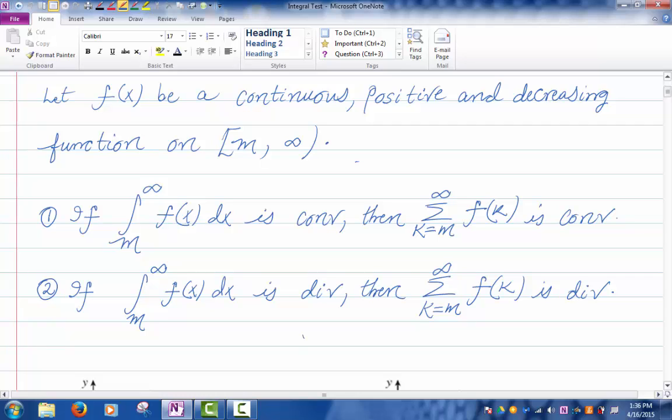Number one, if the improper integral of f from m to infinity is convergent, then the associated series, k going from m to infinity of f of k, is also convergent. And number two says if the improper integral of f from m to infinity is divergent, then the associated series, k going from m to infinity of f of k, is divergent as well. Is everybody okay?